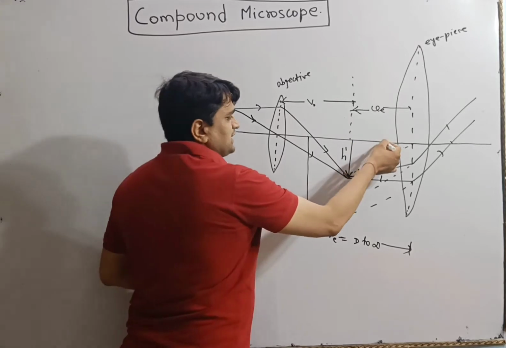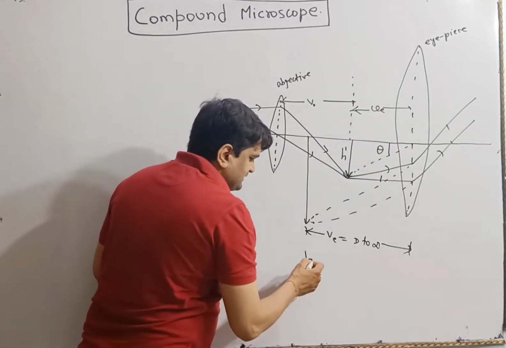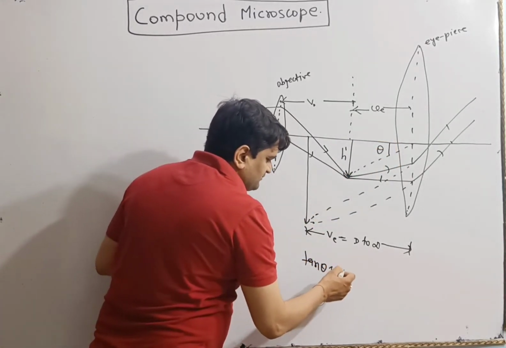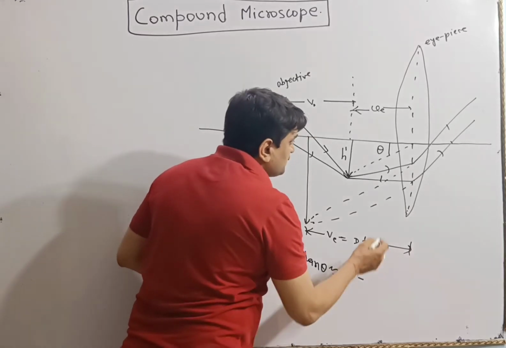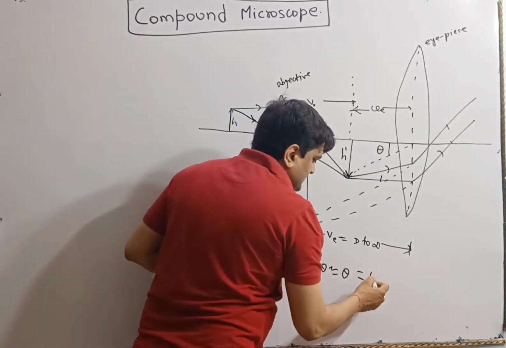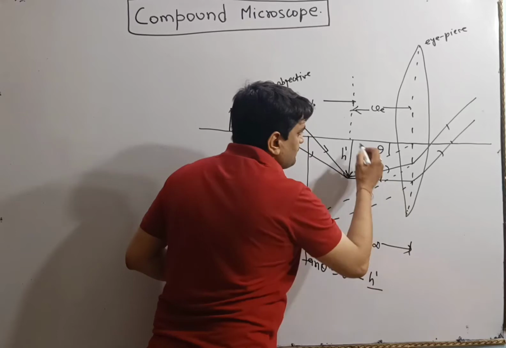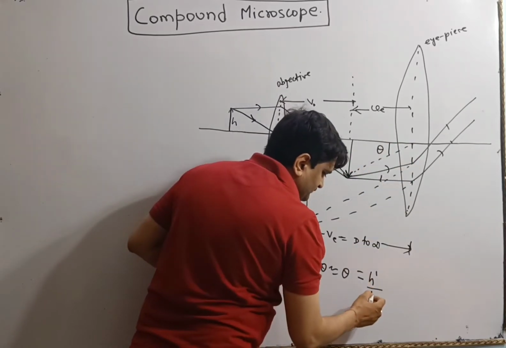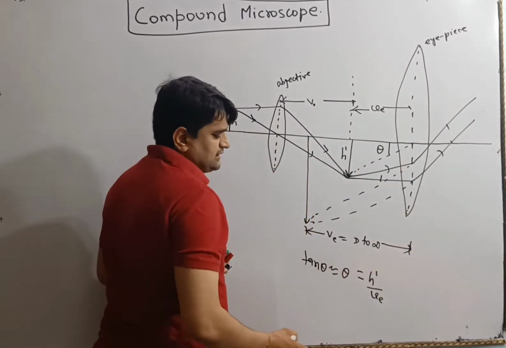Now see the theta, tan theta. Theta will be equal to perpendicular H dash upon UE, the first theta.